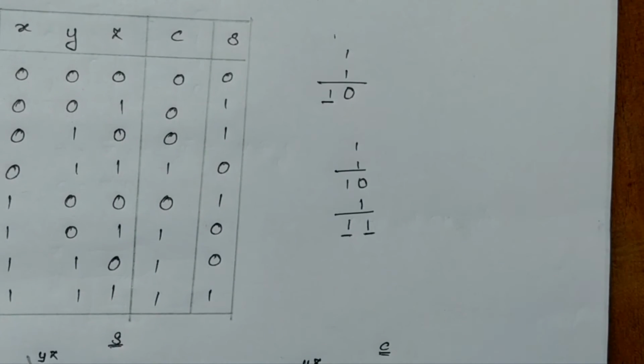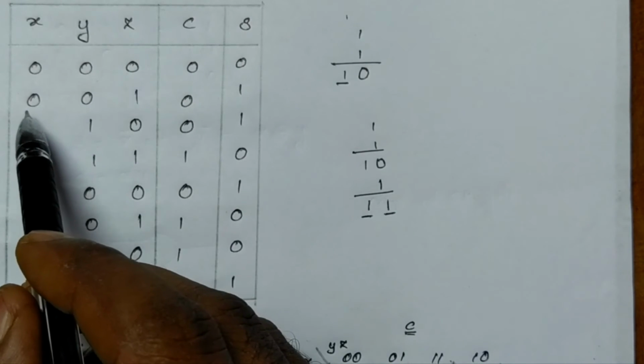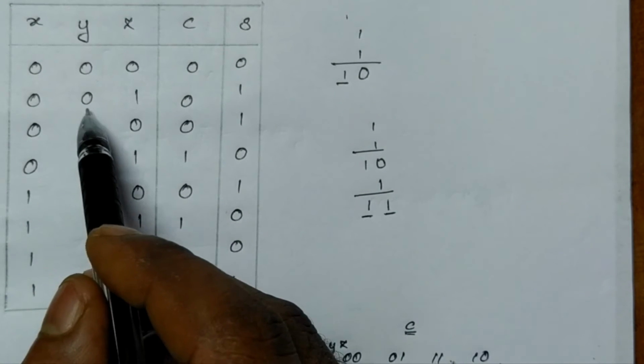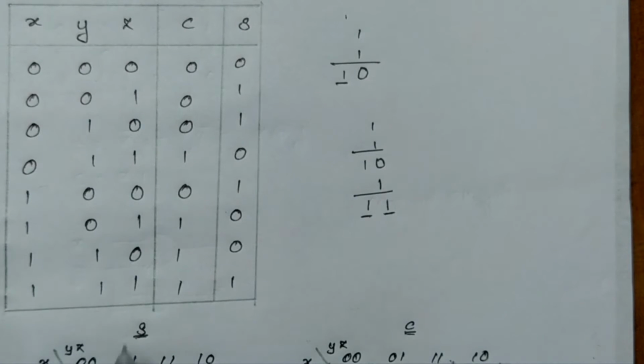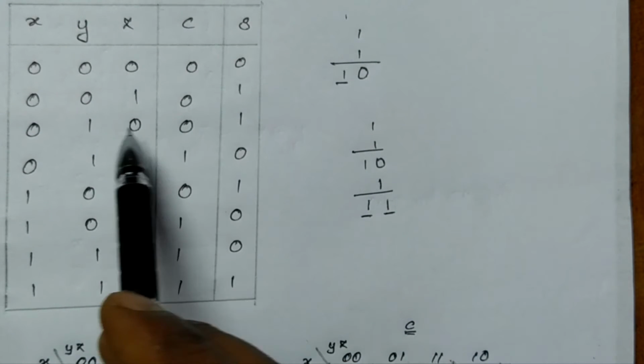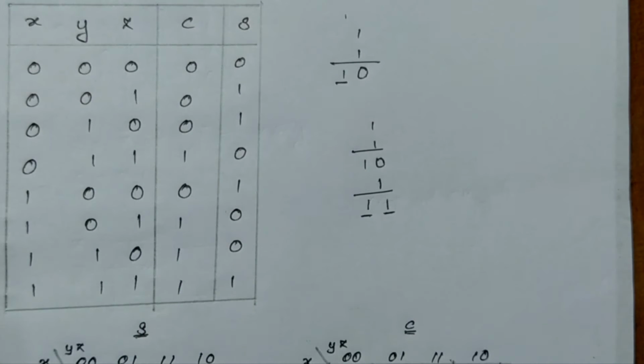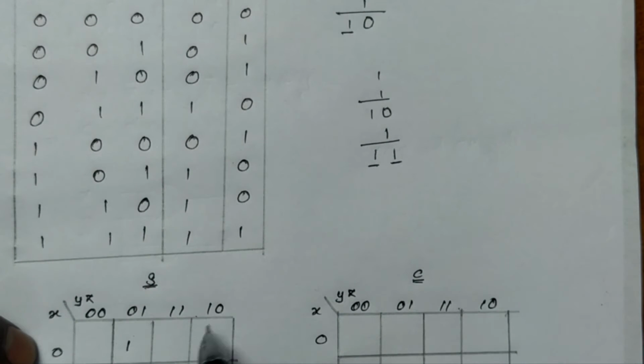Okay, so first we are considering sum. Here we are having 1, its input combination 0 0 1, so here I am having 1. Second one, here we are having 1, respective input 0 1 0, therefore here I am having 1.